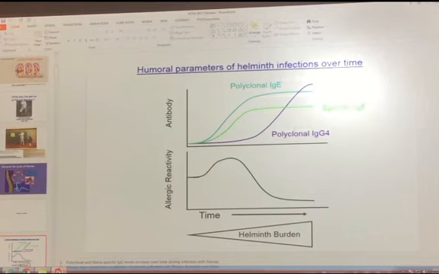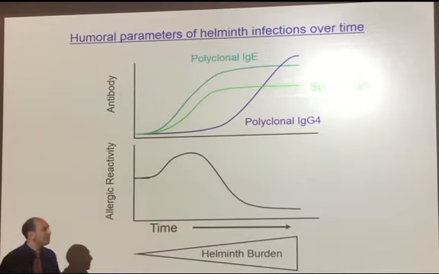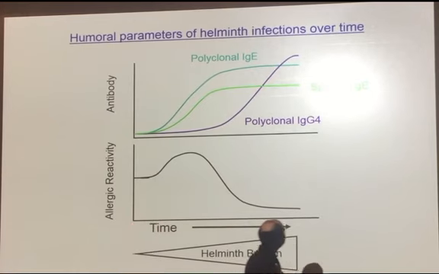So what happens in the course of an infection? So we talked about how eosinophilia happens. And eosinophilia does happen, and IgE responses.